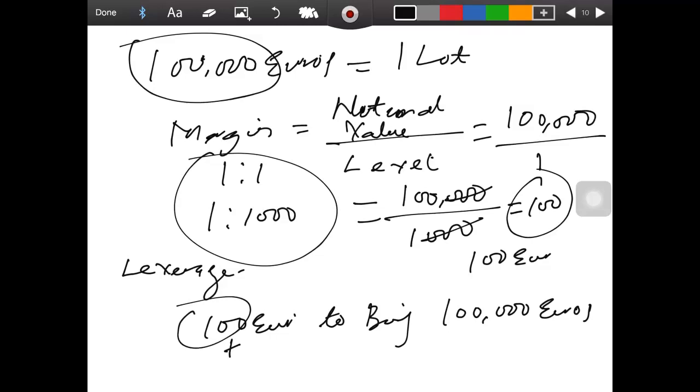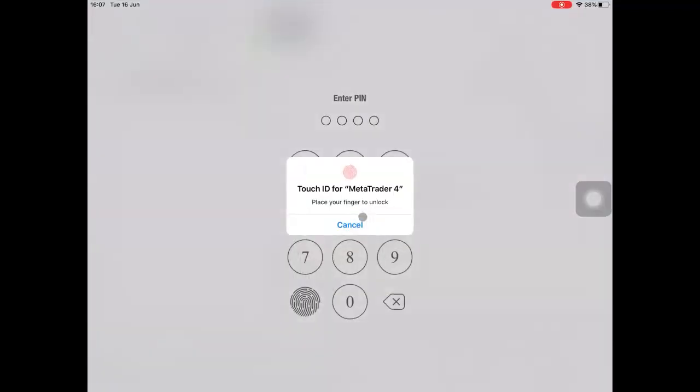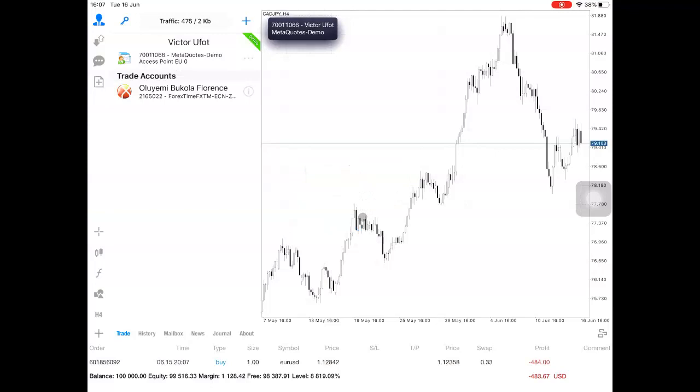Whatever profit you make will be added to your 100 euros, and whatever loss you make will be taken away from it. Let's look at the MetaTrader 4. Whatever profit you make will be added to your balance or equity, and also to your free margin, but whatever loss you make will be subtracted from your free margin.